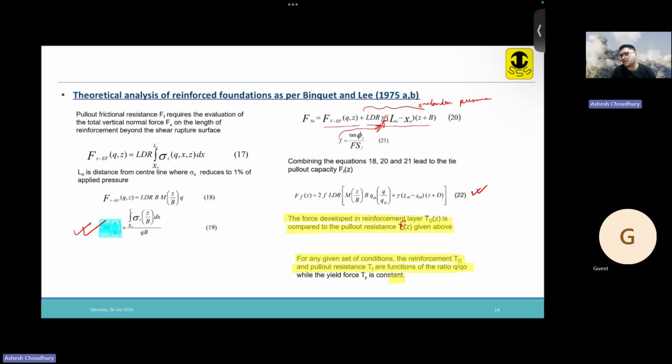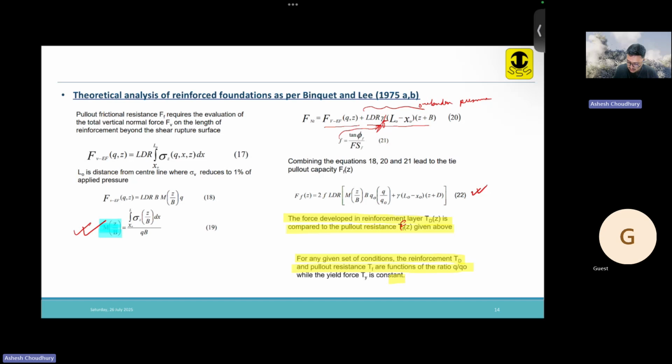L naught is the lateral distance from the center line at which we have the vertical stress 0.01 q. X naught is the lateral distance from the center line at which you have the maximum shear stress. And Z plus D.